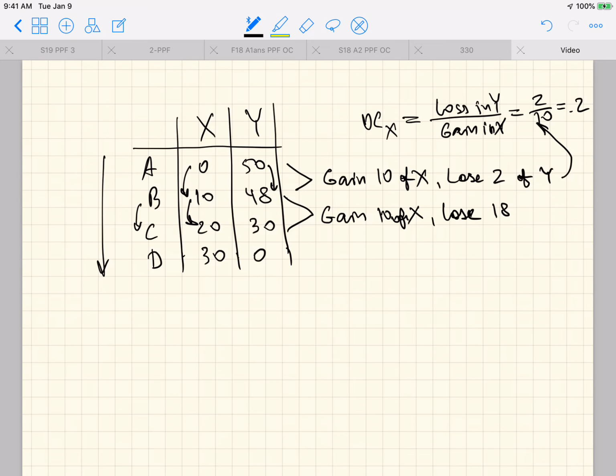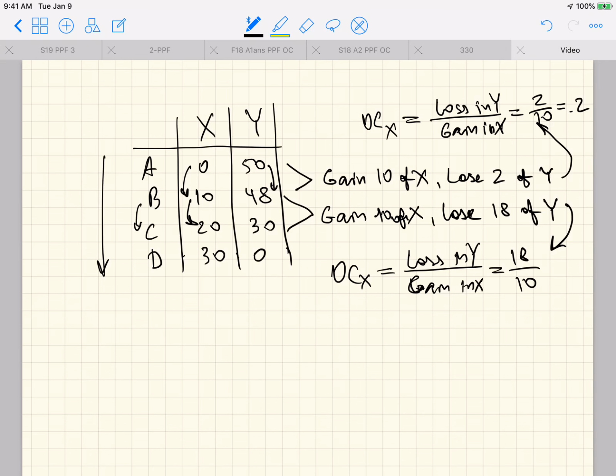You go from 48 to 30 of Y. So now you can calculate the opportunity cost of this additional increase in good X as, again, loss in Y over gain in X. And that's basically 18 on the top and 10 at the bottom. So it's 1.8 units of good Y sacrificed per 1 unit of good X when getting more of good X.